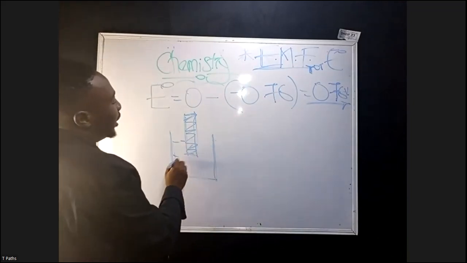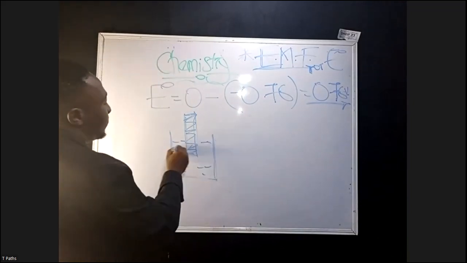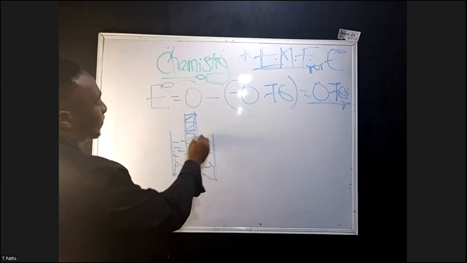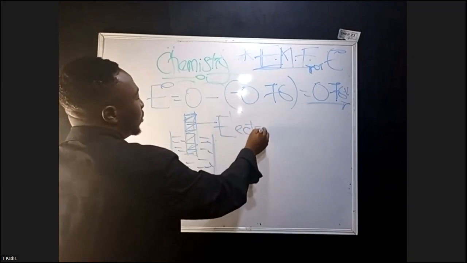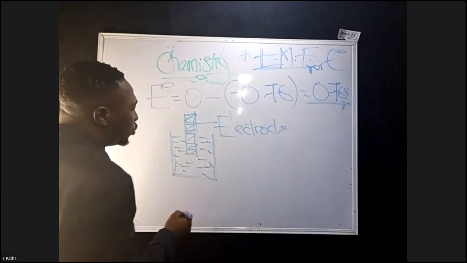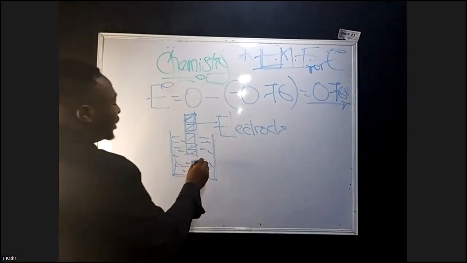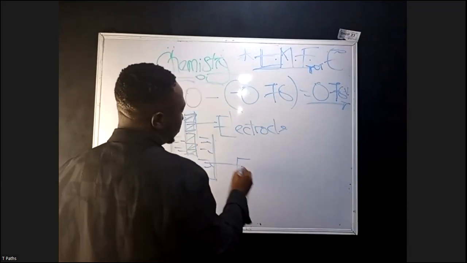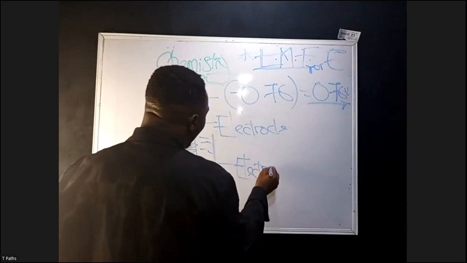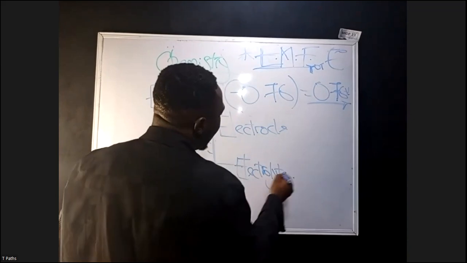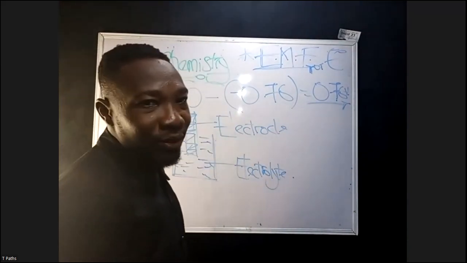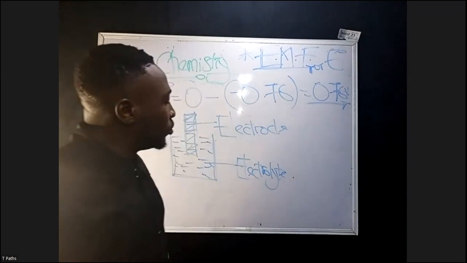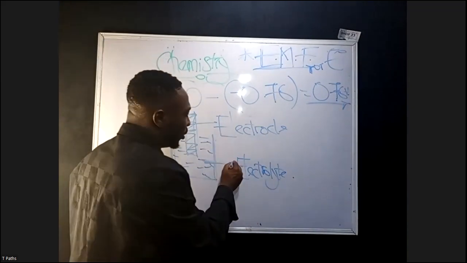We have an electrolyte. This is the electrode. I wanted to bring this out because people do get confused at times. This is the electrolyte. I observed something in the slide, and what I observed was that the electrolytes are in aqueous form. To answer your curiosity about this, let me bring it out and talk about it.